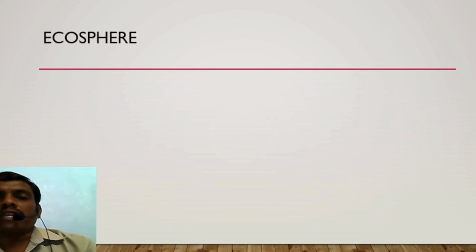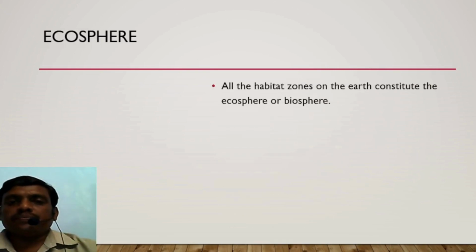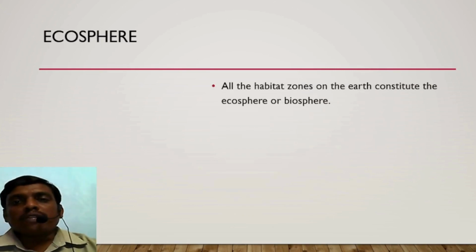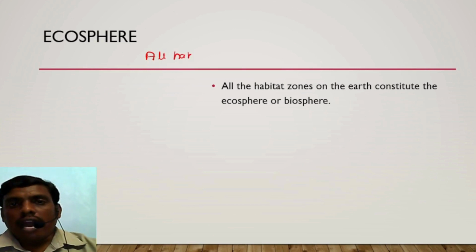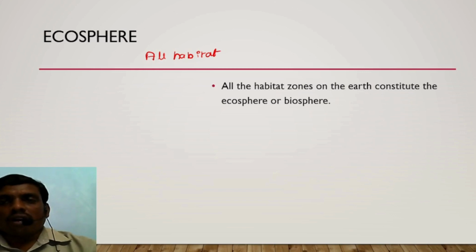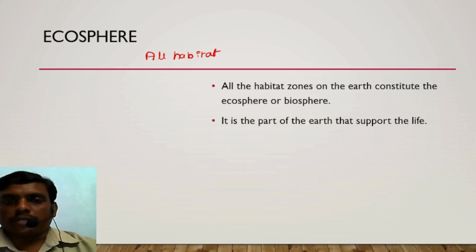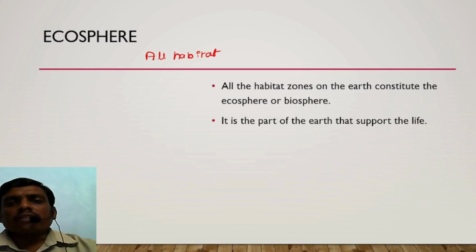Now let us learn ecosphere. What do you mean by that? All the habitat zones, the places where animals live on the earth, constitute the ecosphere or biosphere. It is the part of the earth that supports life.